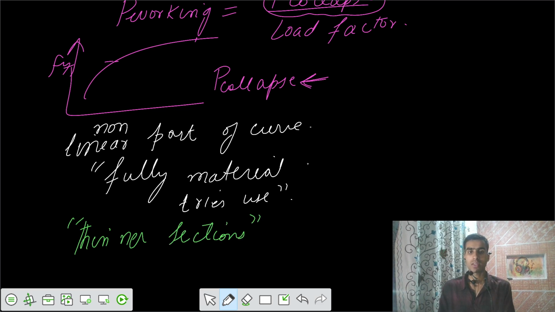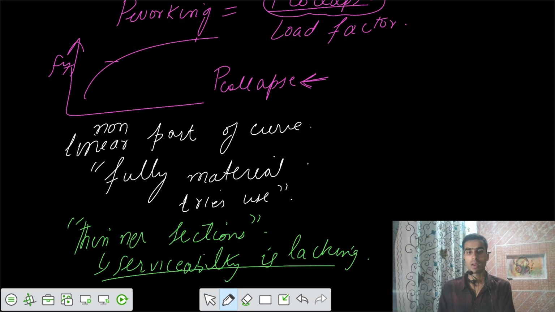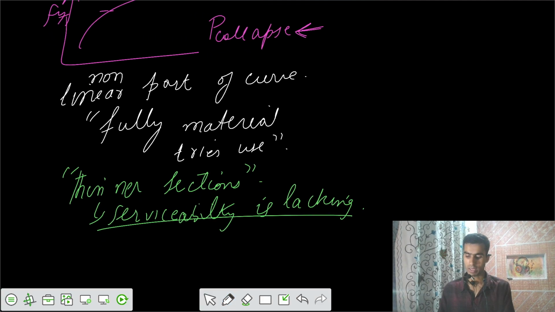Once your sections are thinner, there's a chance that serviceability is not ensured. It does not talk about serviceability. Maybe the structures might be economical from the strength point of view, but serviceability is lacking. Serviceability is not ensured in this method.